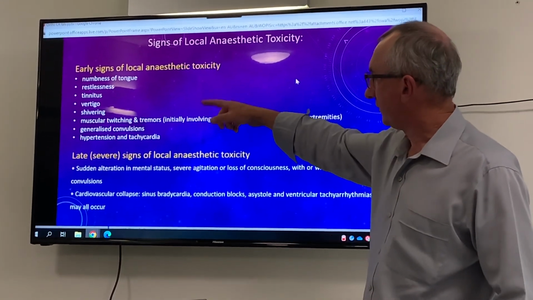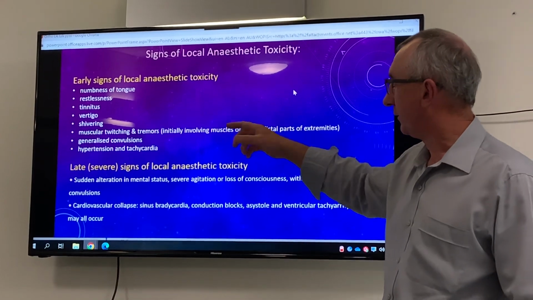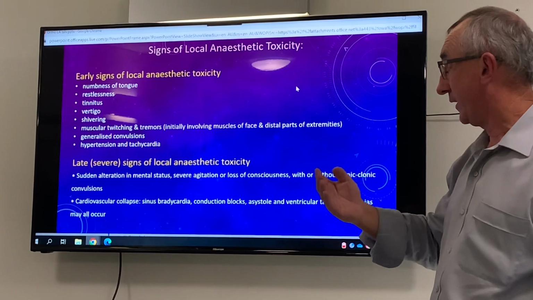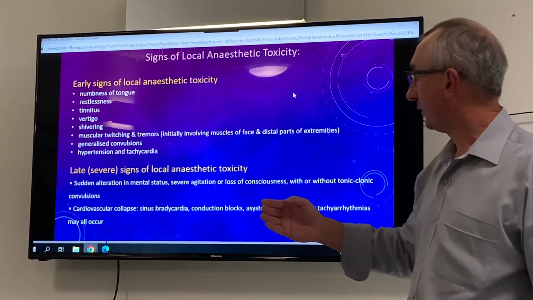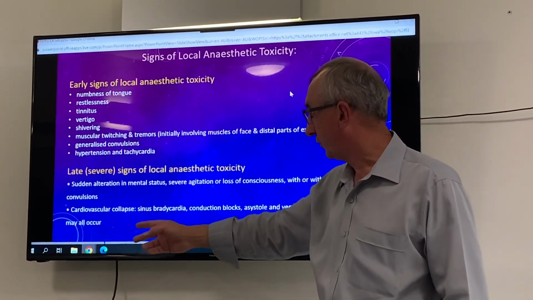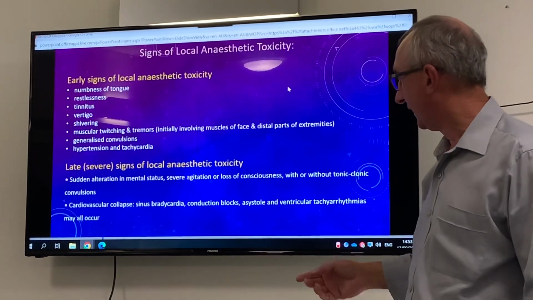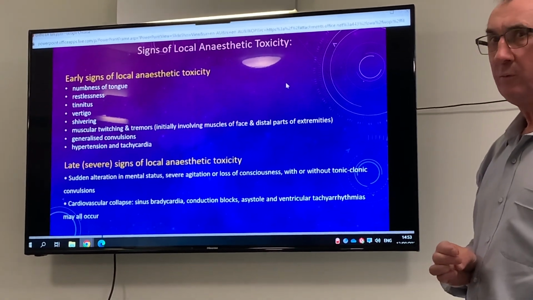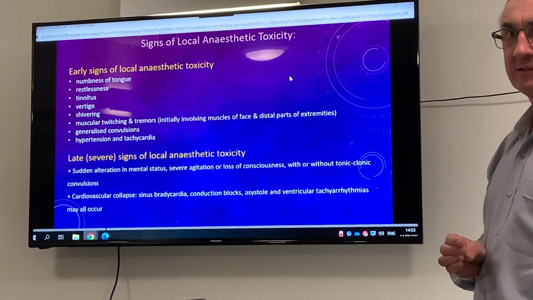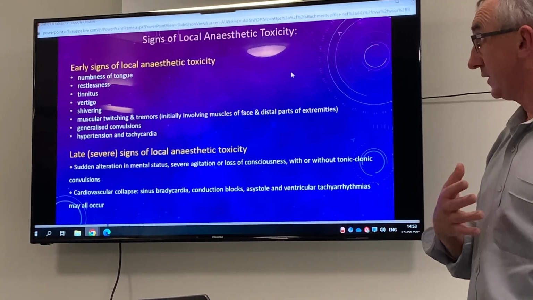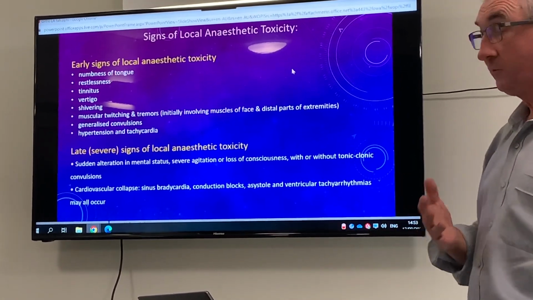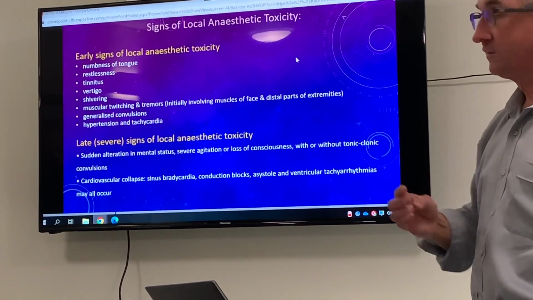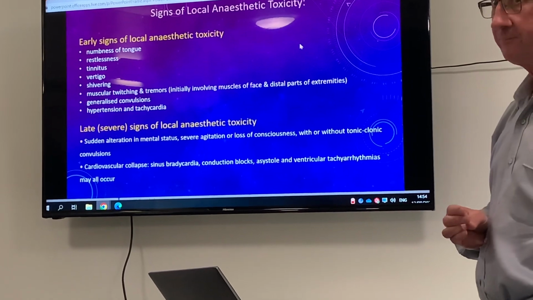Patients do get a few symptoms early on. They often describe a funny taste and ringing in their ears, and if they get significant local anaesthetic toxicity, it progresses pretty quickly to convulsions and cardiovascular collapse. You might have seen there was a bit of a flurry a few years ago with cosmetic clinics where patients were having significant operations, breast augmentations and things, with large volumes of local anaesthetic, and there was a series of cardiac arrests from local anaesthetic toxicity.